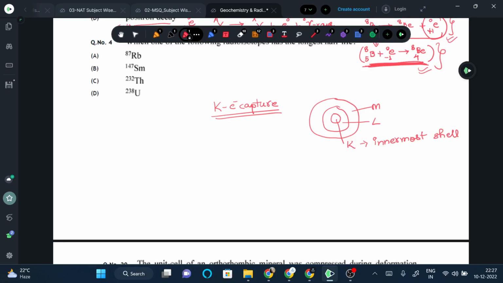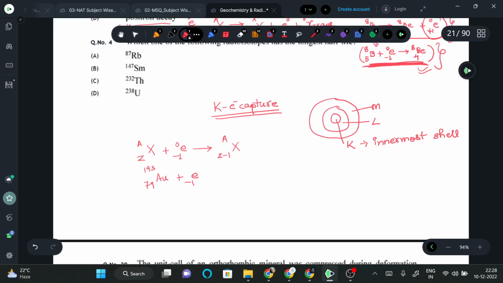Let's say X with mass number A; here it would be Z and A. This will capture one electron and this will give, here you can see, Z minus 1 and A. So if we take one example, let's say for silver 193.79, when it captures one electron, it gives platinum 78. So the atomic number gets decreased by 1.